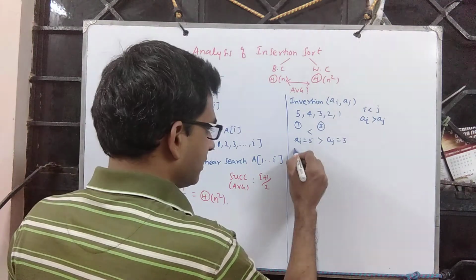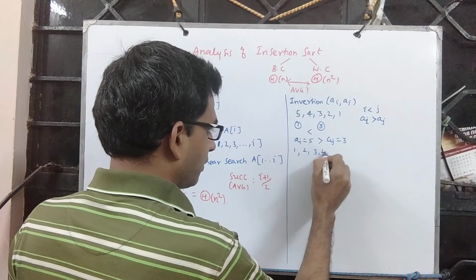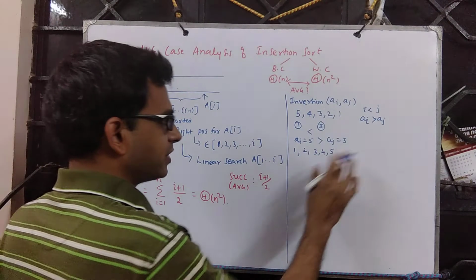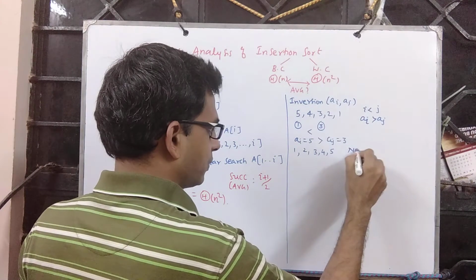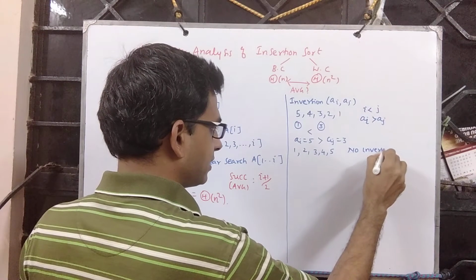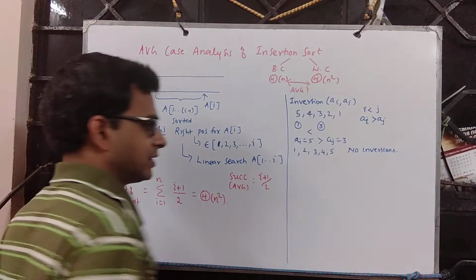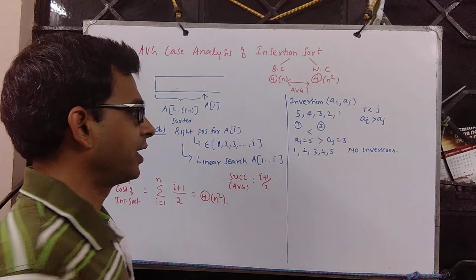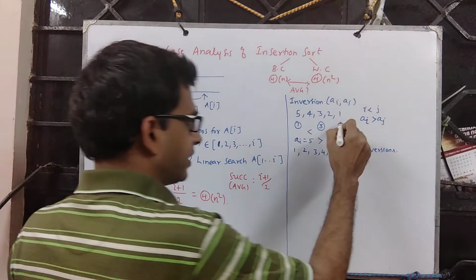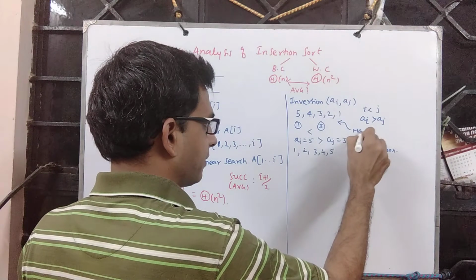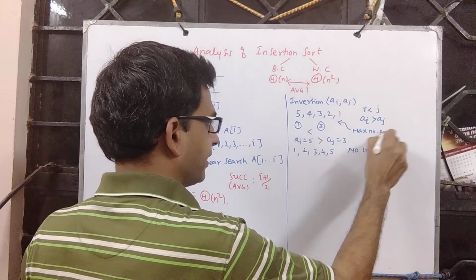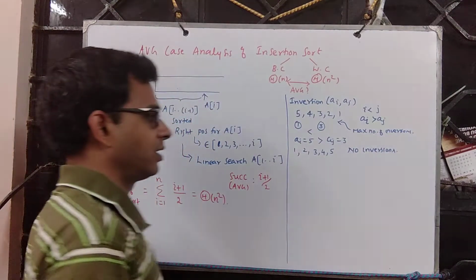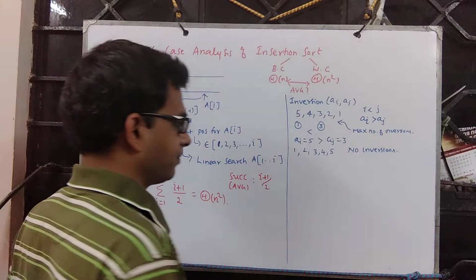Now look at this one, 1, 2, 3, 4, 5. Between any pair, you see there is no inversion at all. So if it is sorted, there are no inversions. If it is reverse sorted, then it contains the maximum number of inversions. Correct? Now what is the objective?